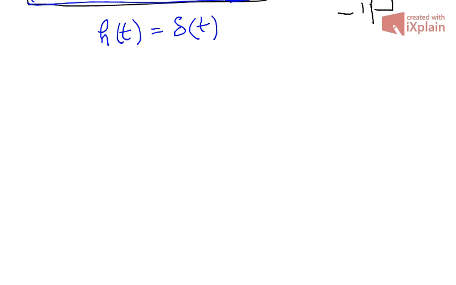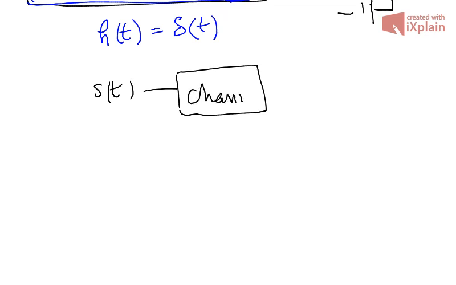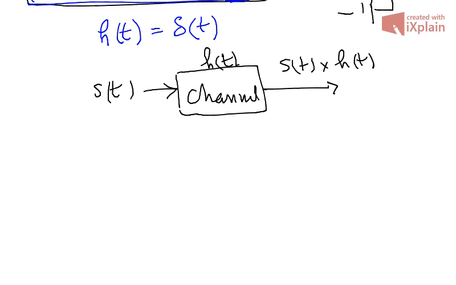So when you transmit a signal s of t through the wireless channel, it has an impulse response, and you get a signal which is s of t convolved with h of t, right? And at the receiver you have another term, the noise term, n of t.